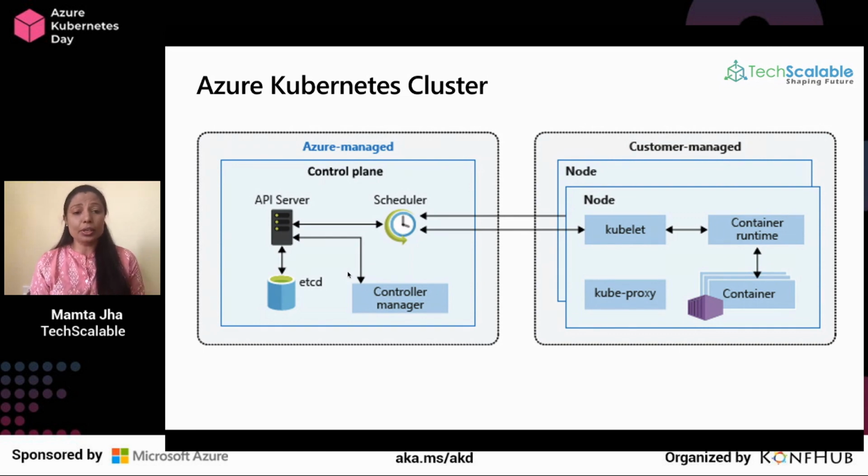Then we have a scheduler, because when we are talking about containers, and containers are not as stable as virtual machines, they are born to die, as people say. So when we have a bunch of containers, we can't confine ourselves to a single host machine. And that is when Kubernetes comes as a rescue for the containers.